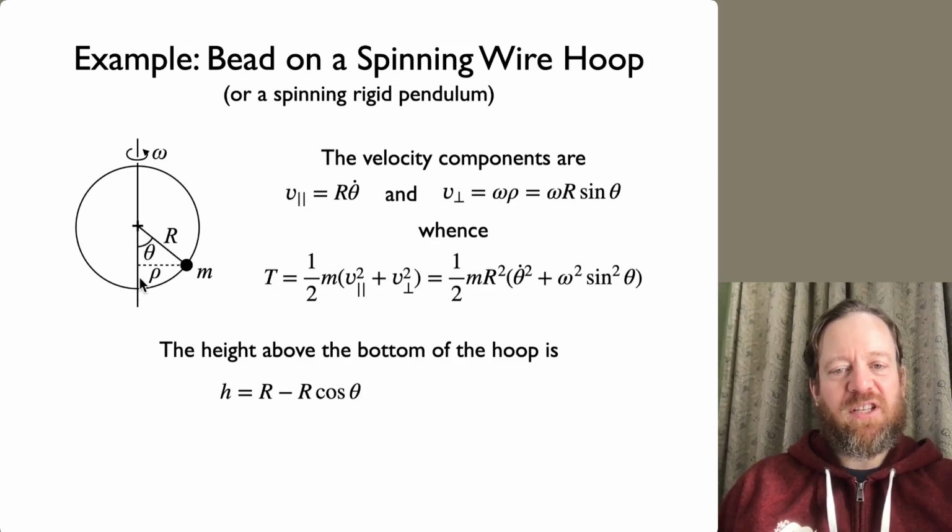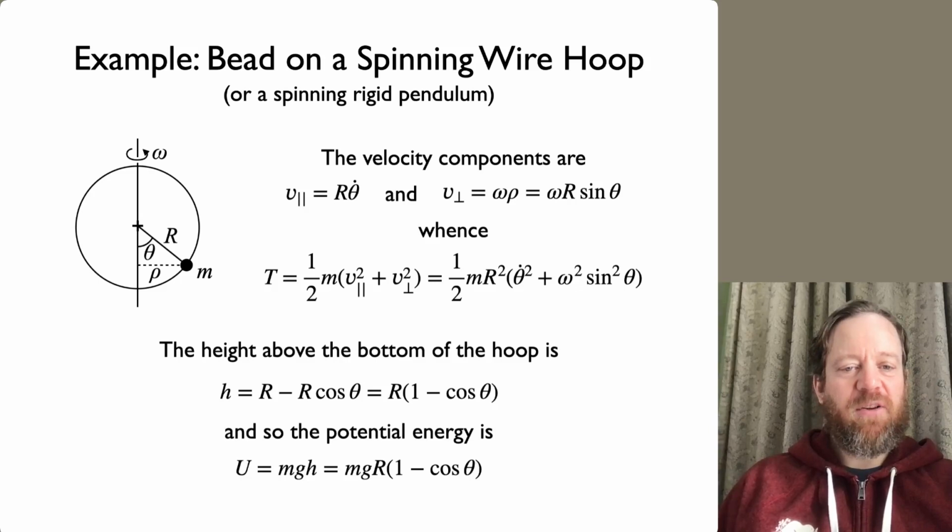So that will give us just this little bit right here, which is our height h. We can factor out r, so we find that h is equal to r times 1 minus the cosine of theta, and that allows us to write down our potential energy function U, which is always just equal to mgh for these kind of problems, being equal to mgr times 1 minus the cosine of theta. And it's positionally dependent, as always.